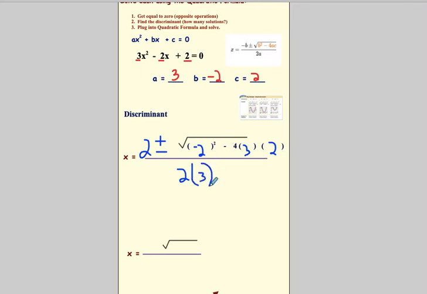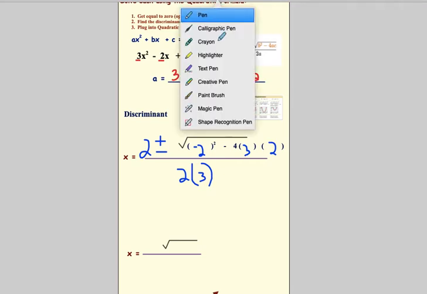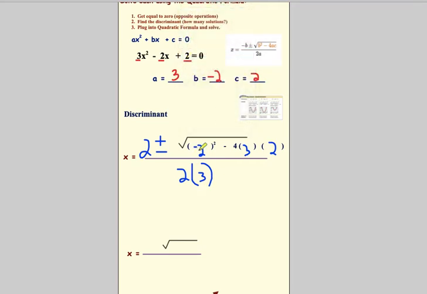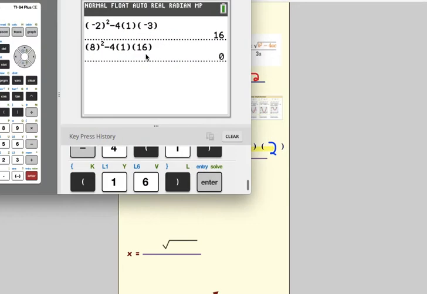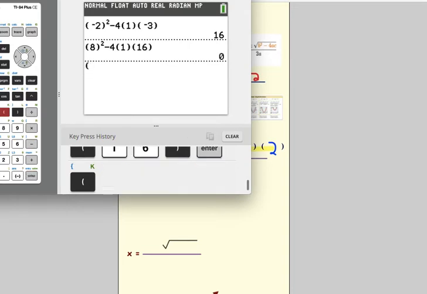Okay, so I'll get to this in a minute, but I have to look at this discriminant again. It's going to tell me how many answers I am going to have. Am I going to have 2, 1, or none at all? So again, I grab my calculator, and I should be able to do this in my head, but I like to double check. So what did I have?